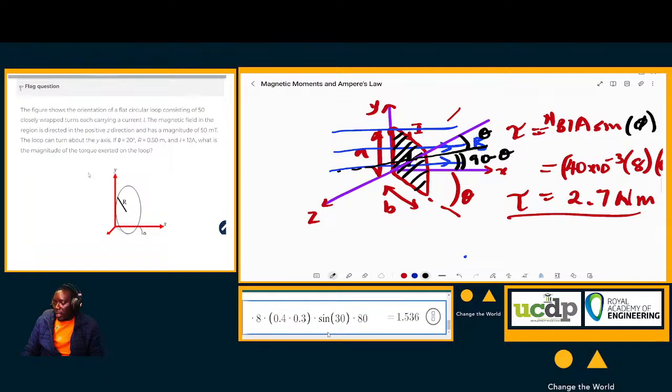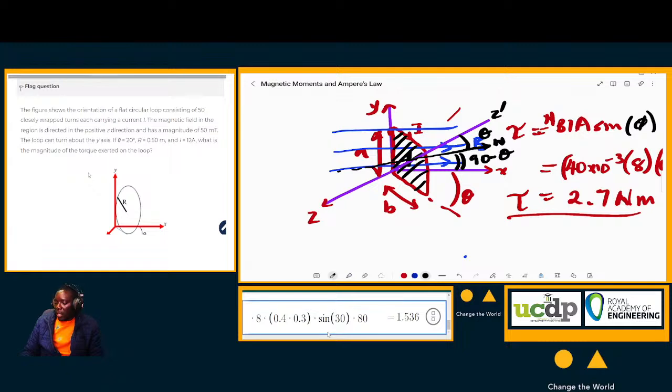Remember that the angle between the z line and x is 90 degrees. So we tilt the normal to an angle theta, then that normal makes an angle 90 minus theta with the x.